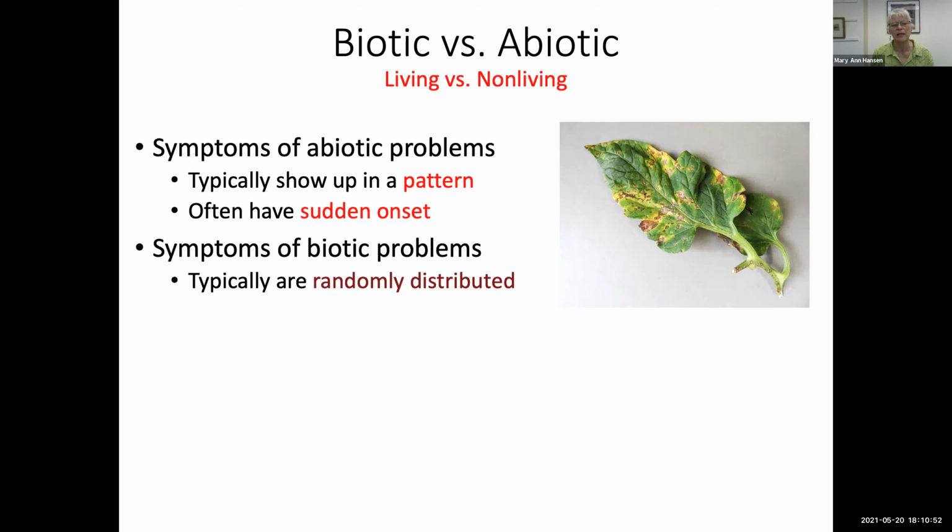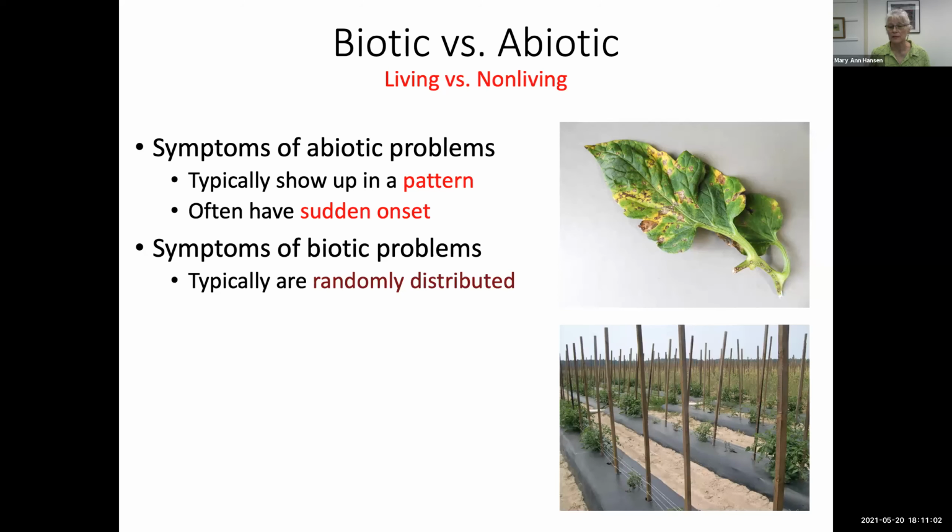And so they're going to land at random places on the plant or on the plant surface. And the symptoms will typically be randomly distributed on the plant or in the field. So here you see an example of a fungal disease in a tomato planting, and you can see some of the plants look great, and yet there are scattered pockets where the plants don't look good. So often you'll see that kind of random distribution in the planting as well.